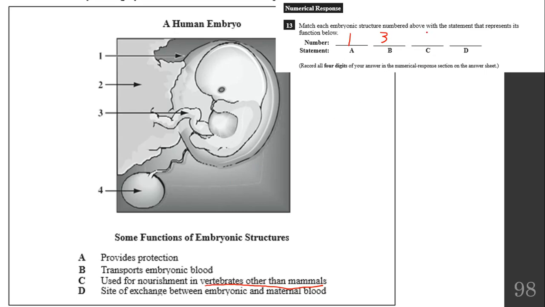Okay, so C would be number 4. And D, the site of exchange between embryonic and maternal blood, that happens in the placenta. All right? So pretty straightforward question, but if you don't know what these things are called and you don't know their functions, you'd be pretty lost here. So you need to know your extraembryonic structures.